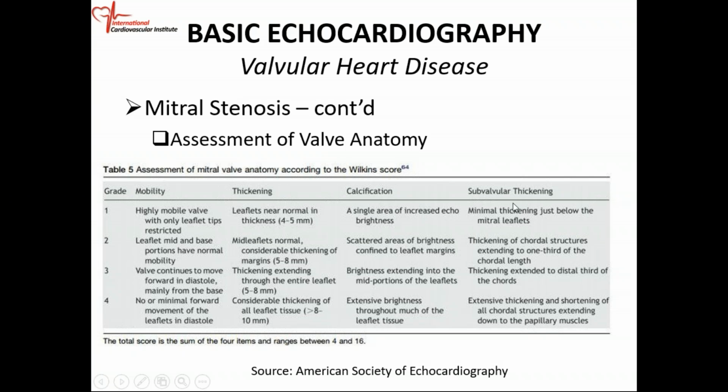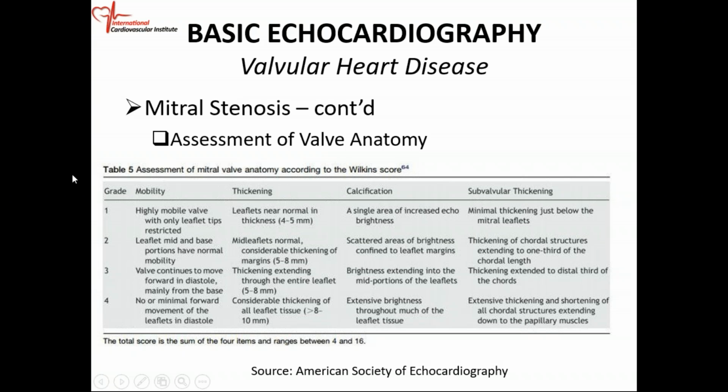As opposed to a valve where there's no or minimal forward motion of the valve, so the valve is not very mobile. You talk about thickening, considerable thickening of the valve. And then when you talk about calcification, extensive calcification throughout the valve. And then when you look at the subvalvular thickening, extensive subvalvular thickening and shortening of all chordal structures.